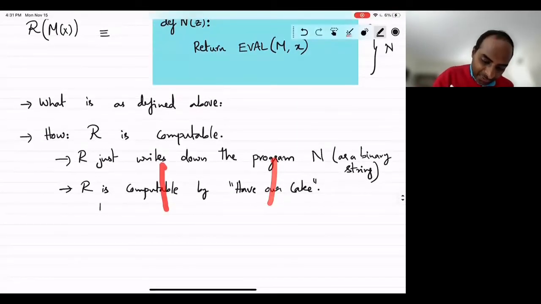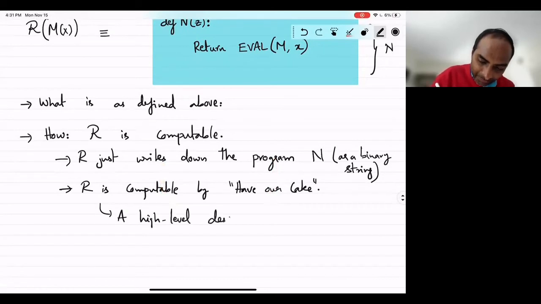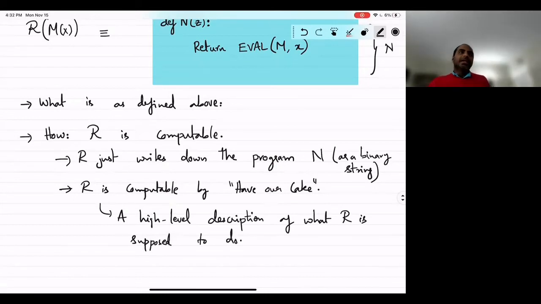What do I mean by this? We have a high level description of what R is supposed to do. It takes the text file corresponding to M and spits out the text file for the new program, but it is not running M on X. It's just writing down the instruction. The first command is: run this program on X. That's it. The program description is just that.